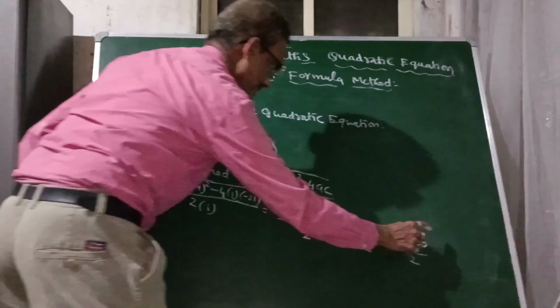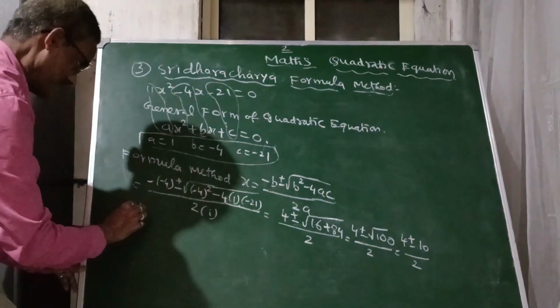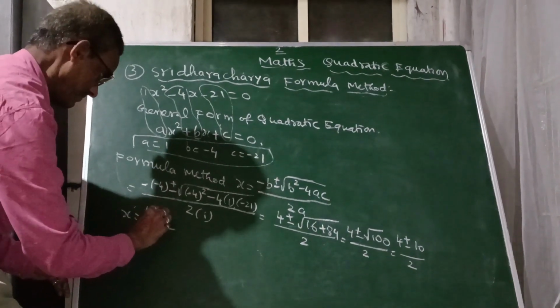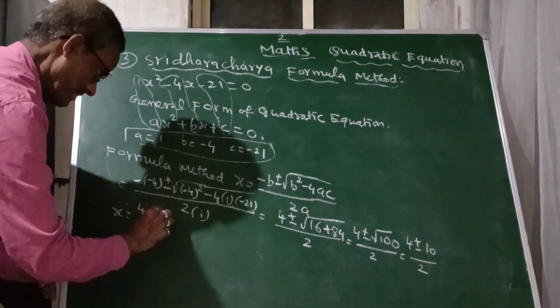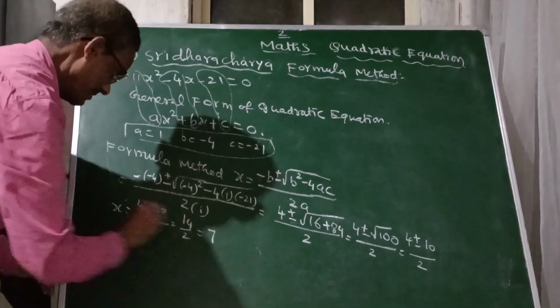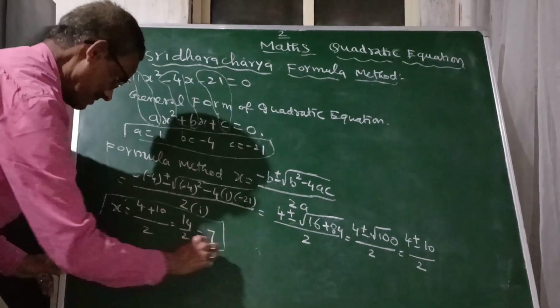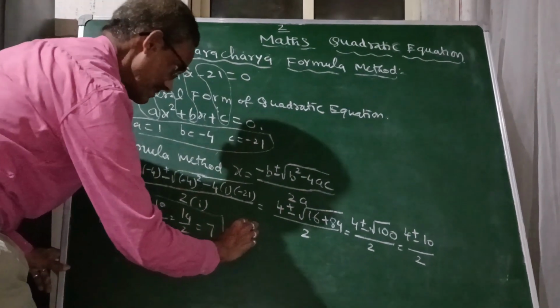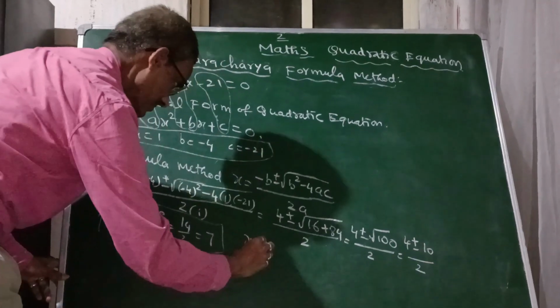Now if we consider plus, what will happen? Let us see the x value. If you take 4 + 10 divided by 2, then you will get 14 divided by 2, so the answer is 7. In the last method also we got the same answer, here also the same answer we are getting. Suppose if you take the minus value, what will happen?